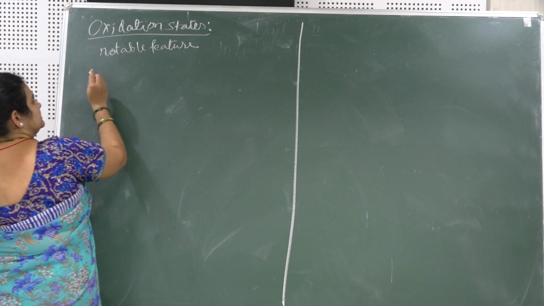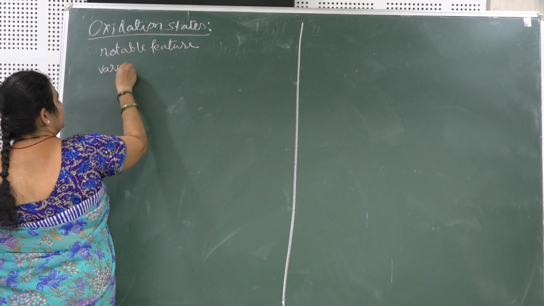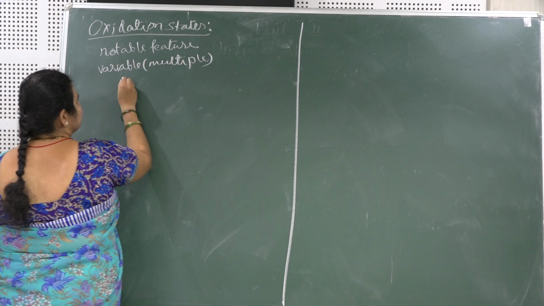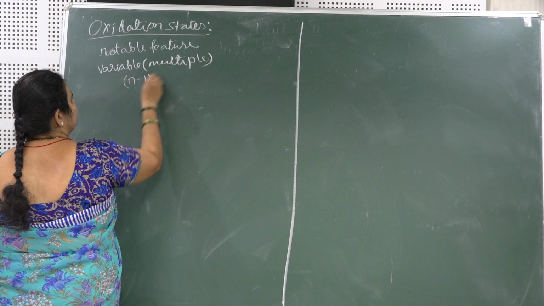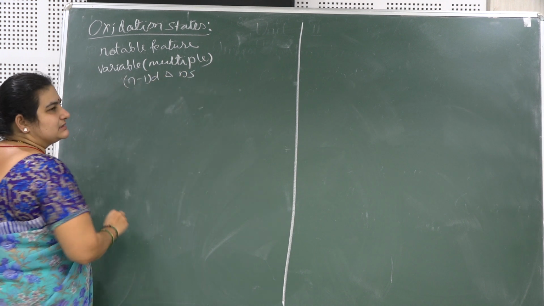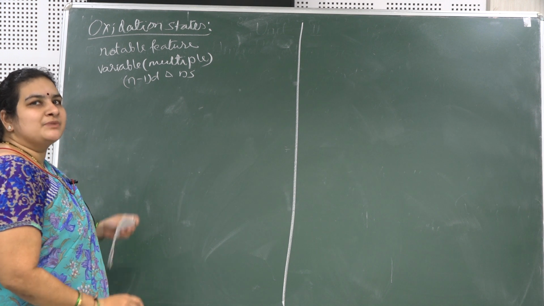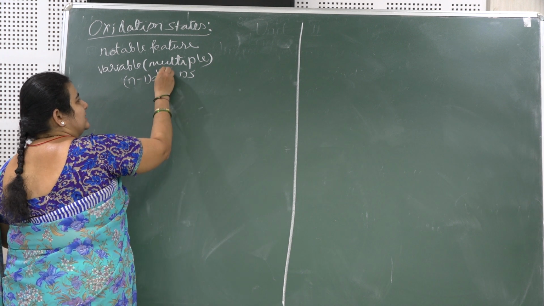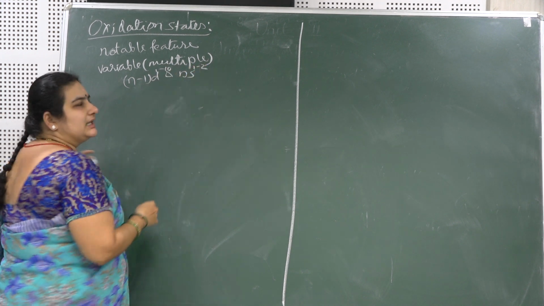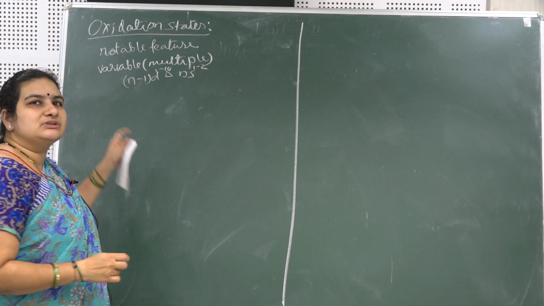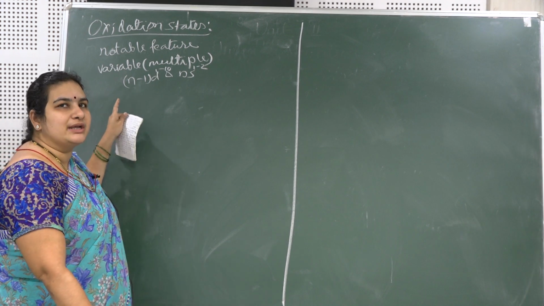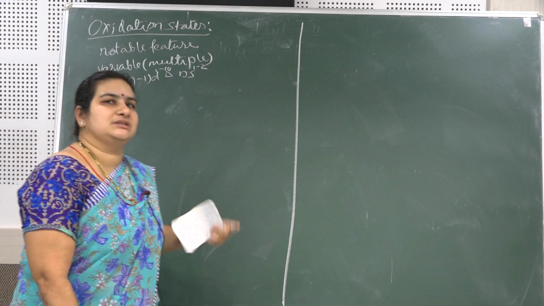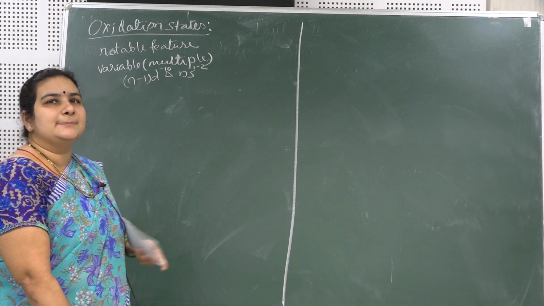The d block elements show variable or multiple oxidation states because of their (n-1)d and ns orbitals available for bonding, that is, (n-1)d 1 to 10 and ns 1 to 2 electrons being available for bonding.